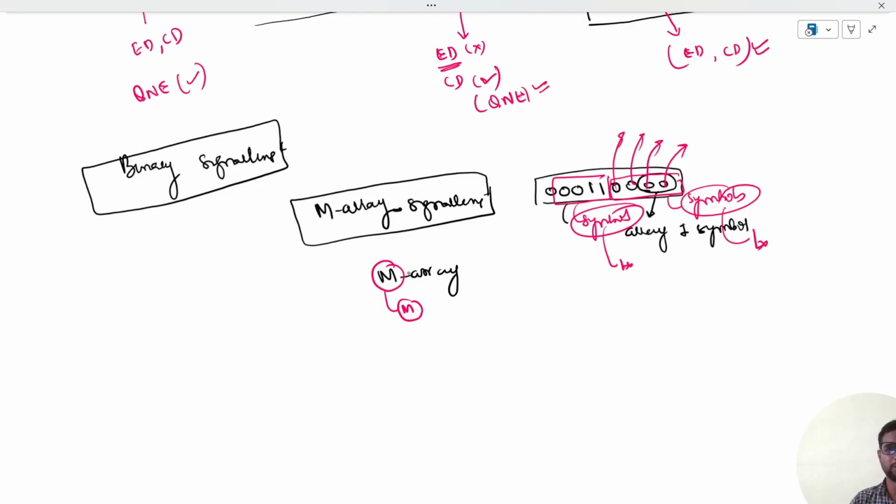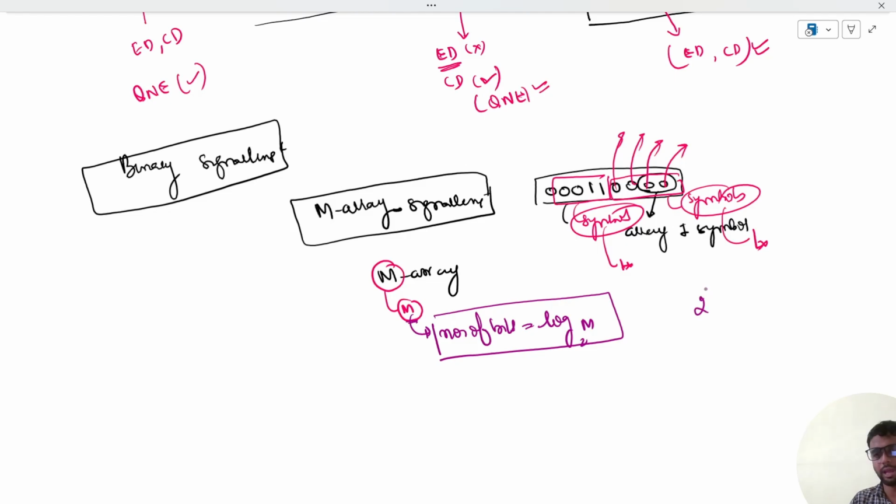So if there are M symbols, then the total number of bits required to represent these M symbols will be nothing but log base 2 M. Say for n number of bits, we can represent 2 raised to the power n symbols. So if we want to represent M symbols, what number of bits is required?